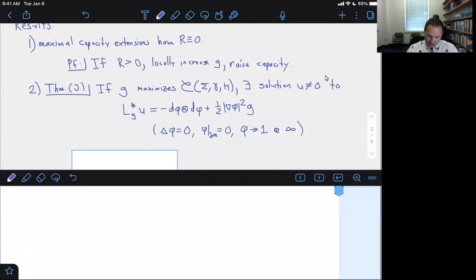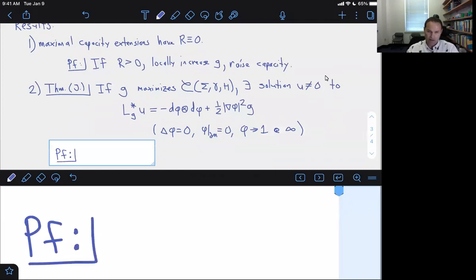To say a few words about how the proof of this goes. The first thing to try is to mimic Corvino's argument, where you do a local deformation to the scalar curvature and argue if that can be done, then you couldn't actually be at a maximizer.